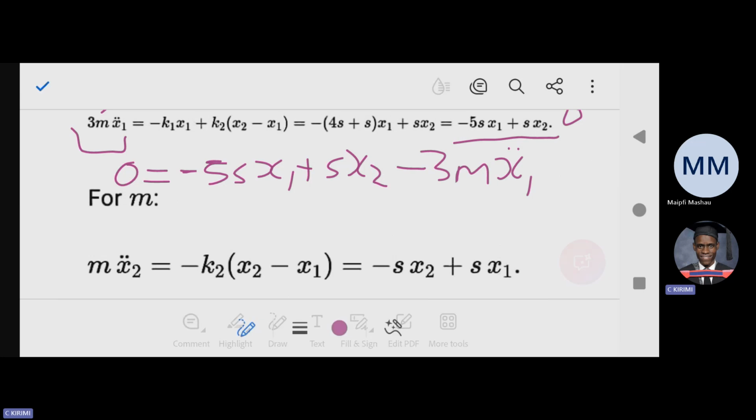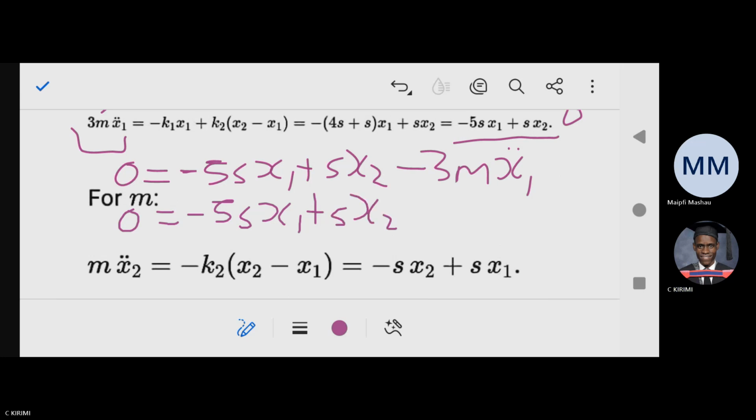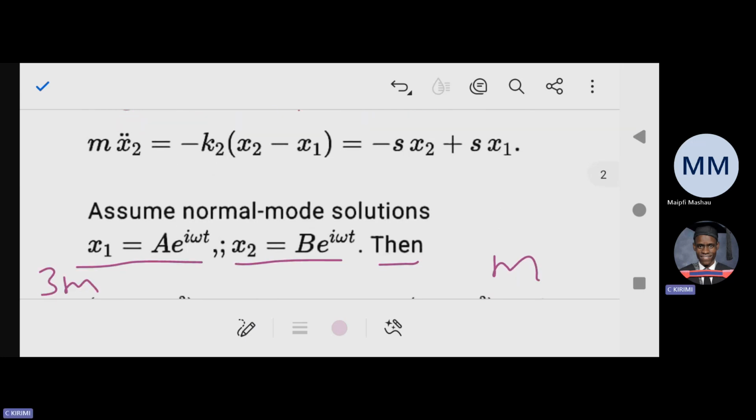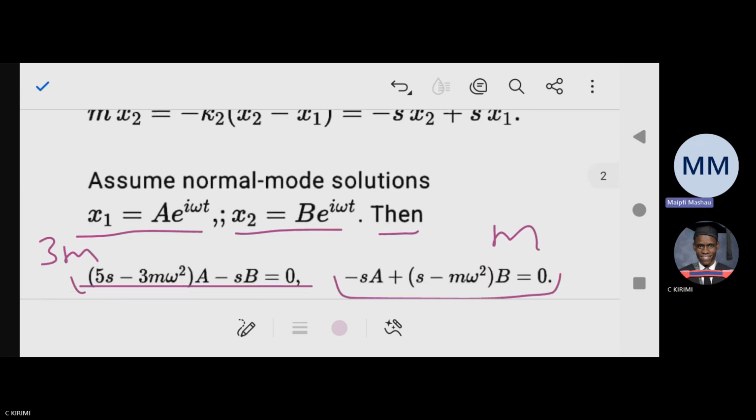So 0 is equal to negative 5s x1 plus s x2 minus 3m times x1. You differentiated it twice, so it gives you negative omega squared multiplied by A e.